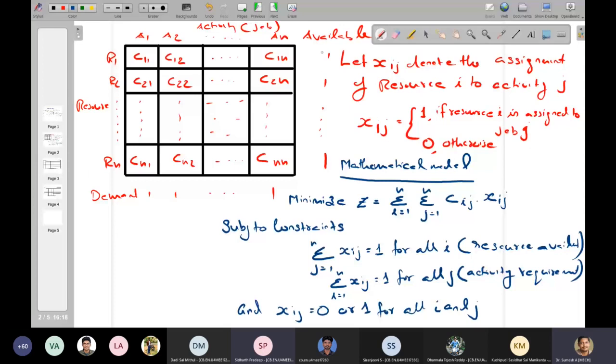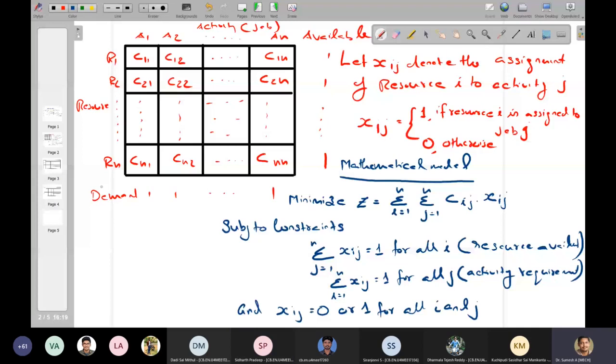Same thing if you take it column wise, A1 can only be assigned to either R1, R2, R3 up to Rn. So if we take this row wise, only one assignment is possible.